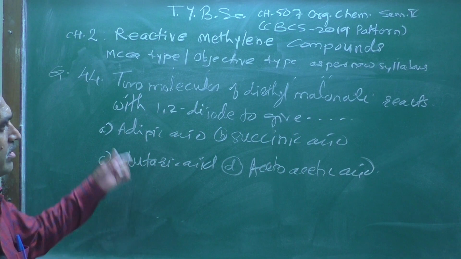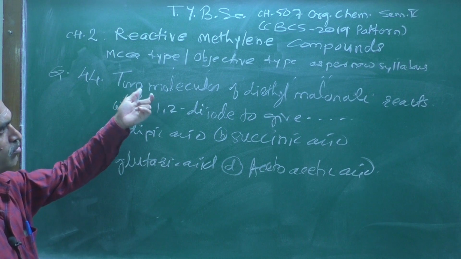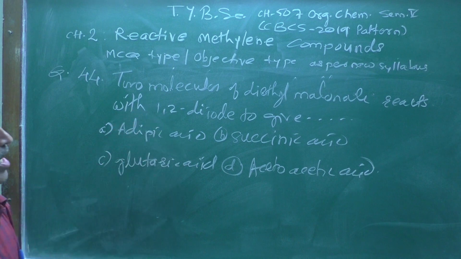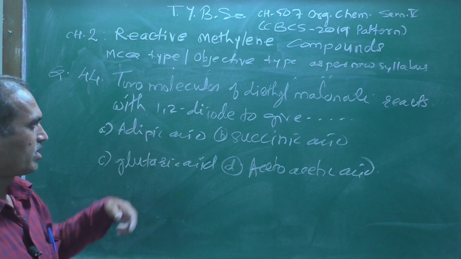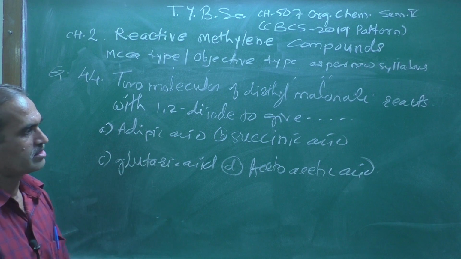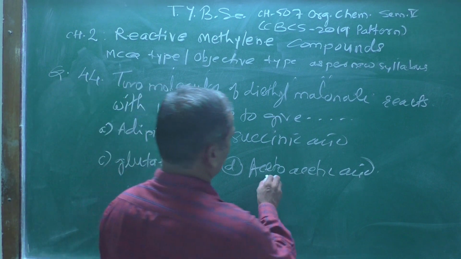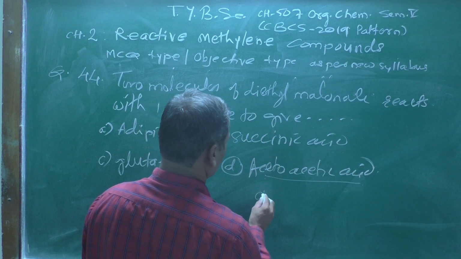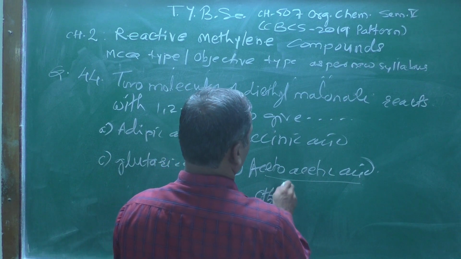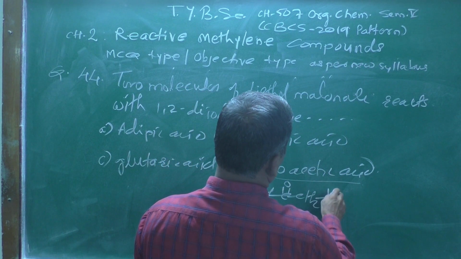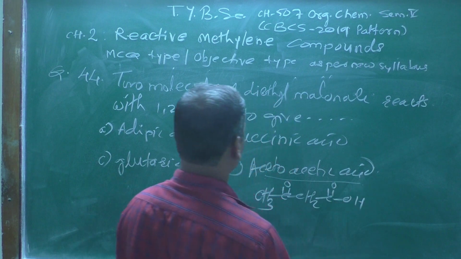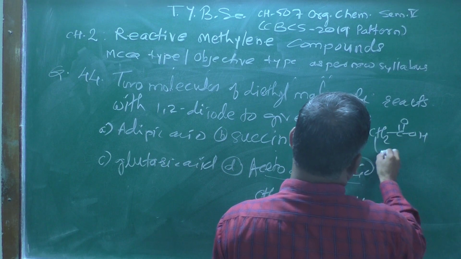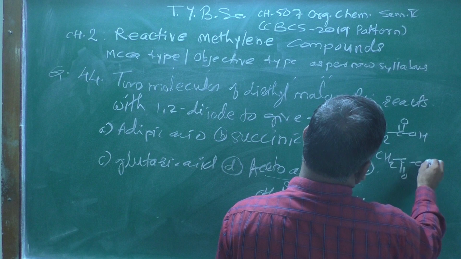Once again, read the question carefully. Two molecules of diethyl malonate react with 1,2 diiodoethane to give adipic acid, succinic acid, glutaric acid, or acetoacetic acid. Let me show the acetoacetic acid structure here: CH3, C double bond O, CH2, C double bond O, and OH. Succinic acid, as we know, is CH2, C double bond O, OH, and CH2, C double bond O, OH.